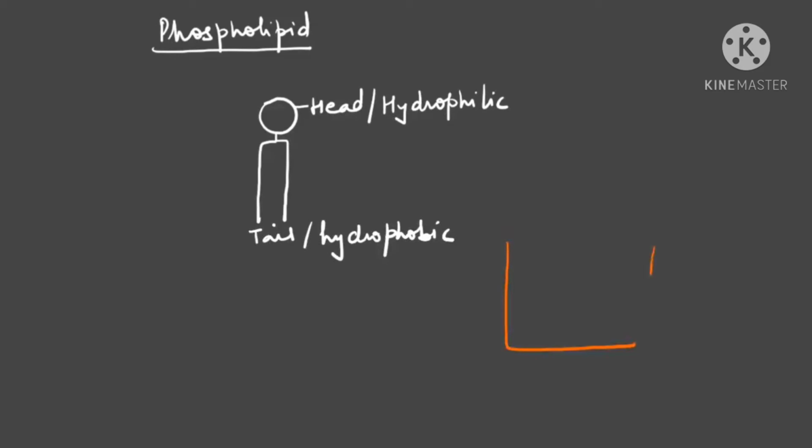This is a beaker in which oil is present. If I put the phospholipid, then I think you can understand the orientation will be this way. The tail is facing the oil side. Is it clear? The tail is facing the oil side. The head will not face the oil side.